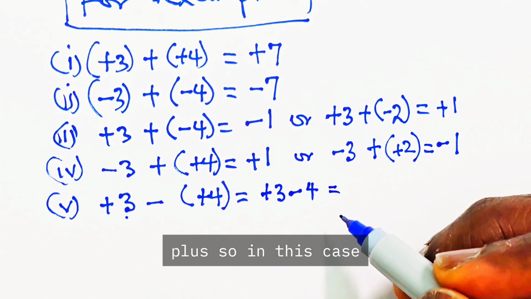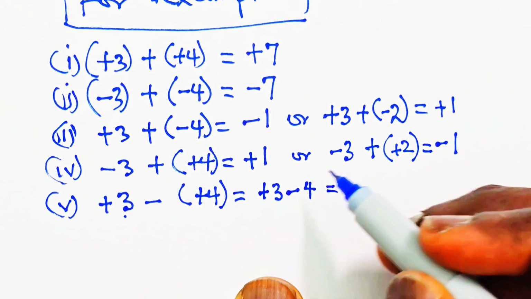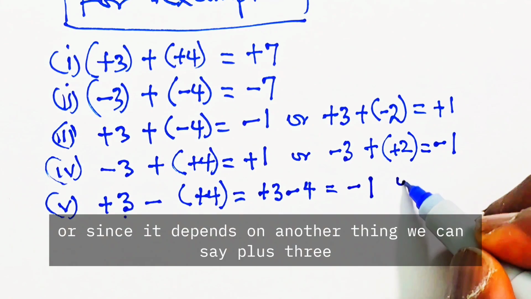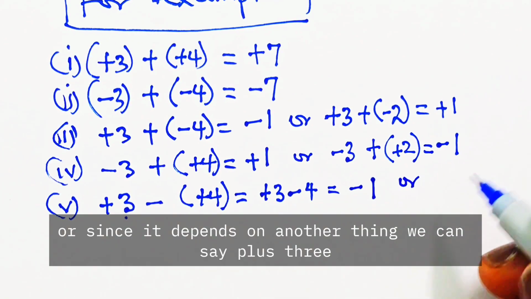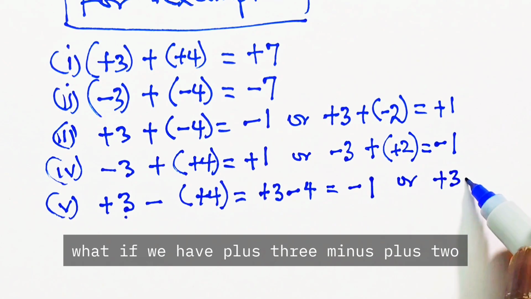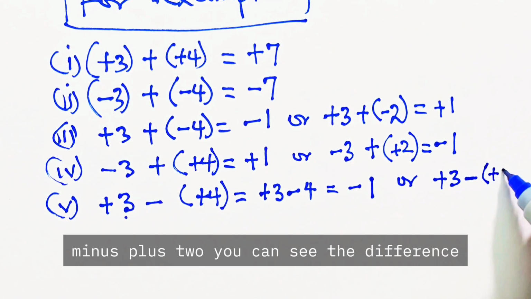So what do we have? We have 3 minus 4, and that will give us minus 1. Or, since it depends on another thing, what if we have plus 3 minus plus 2?